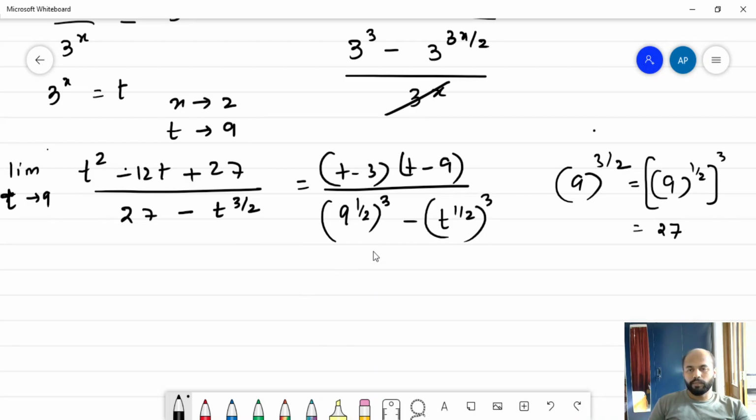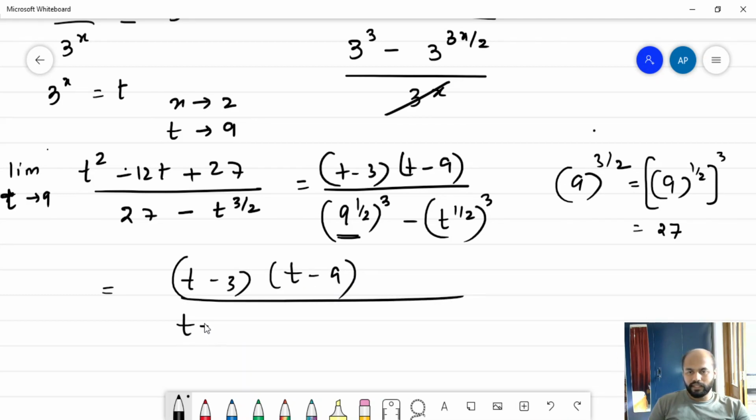So here we are going to apply the formula of a cube minus b cube. Let us see what we get out of it. So 9 raised to half is of course 3. So when we expand it, we are going to write t minus 3 into t minus 9.